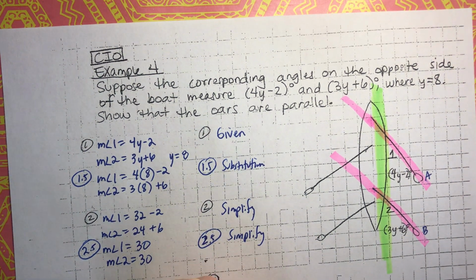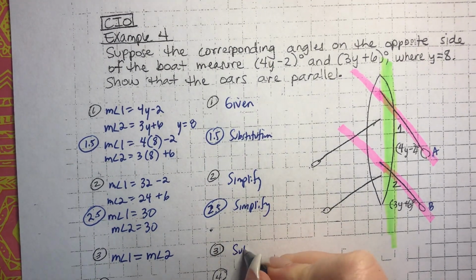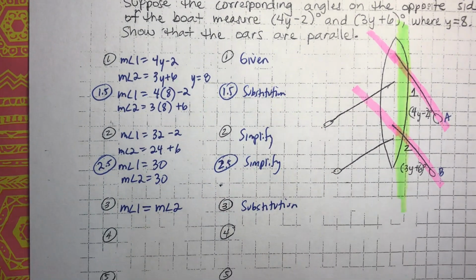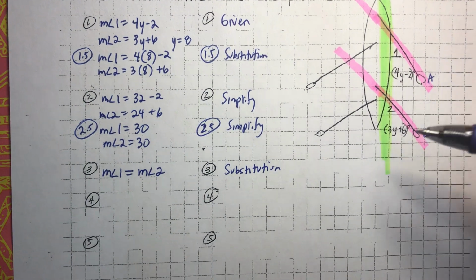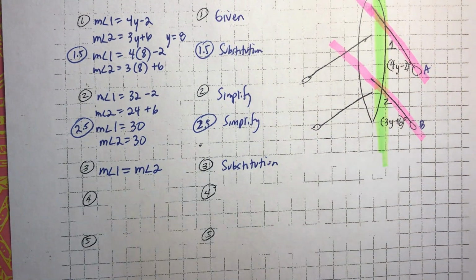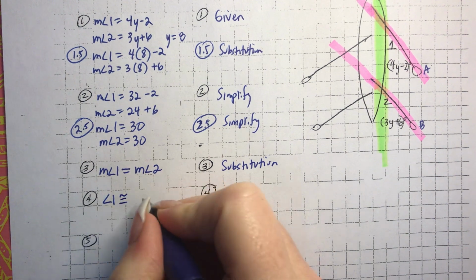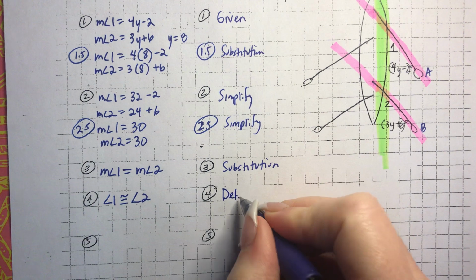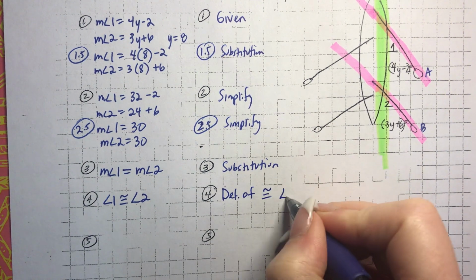So we can state that measure of angle 1 is equal to the measure of angle 2 by substitution, right? And then to show that these are parallel, remember we have to make sure that it's in a congruence form. So we're going to say angle 1 is congruent to angle 2 by the definition of congruent angles.